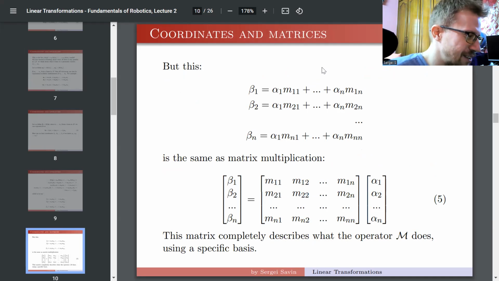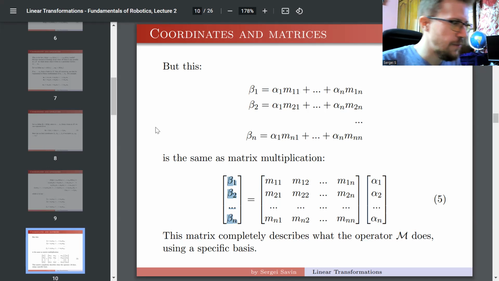But notice, please, that this matrix transforms coordinates of A before transformation into coordinates of A after transformation.